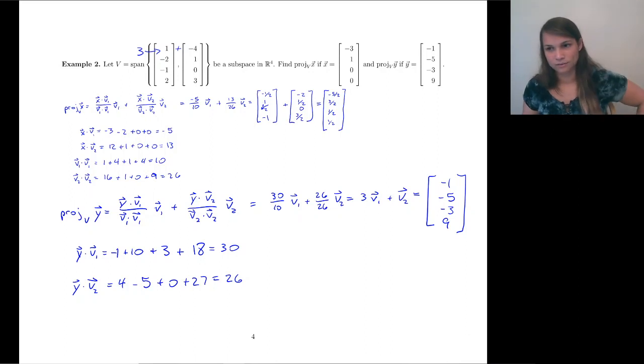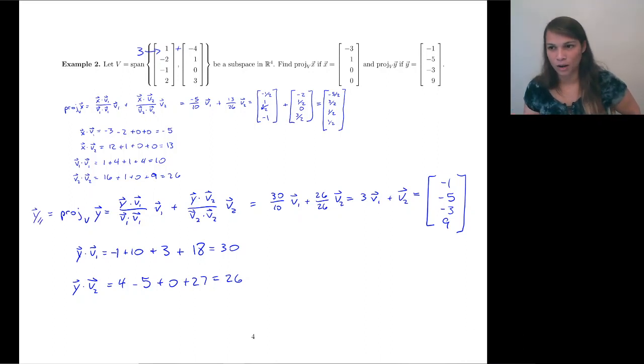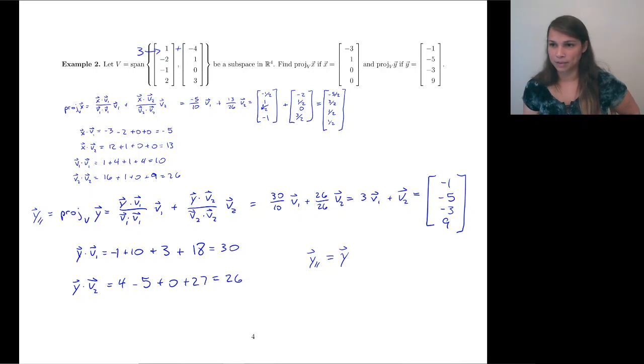All right. Notice something very interesting. Remember, we call this y parallel, the part of y that is parallel to the projection. Y parallel was equal to just plain old y. Why would that happen?